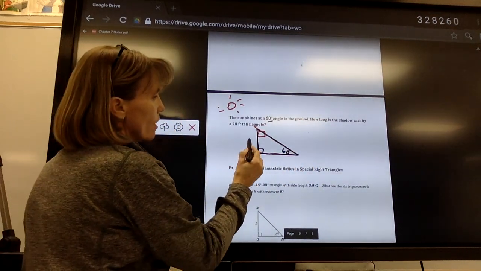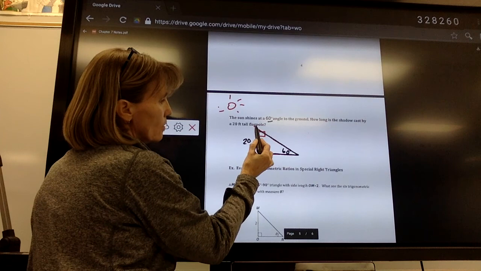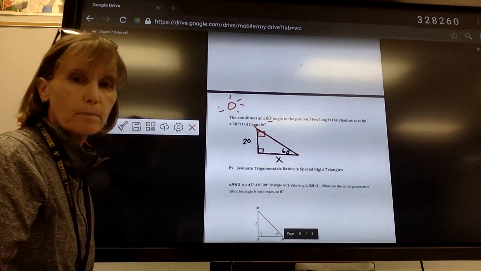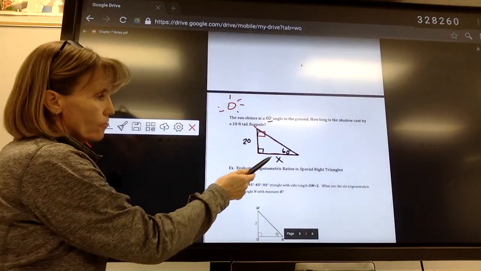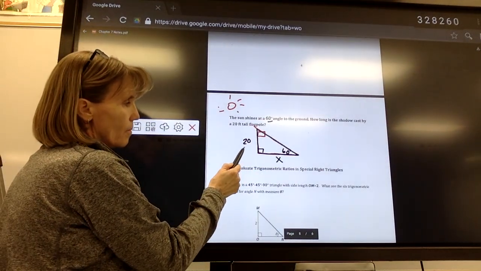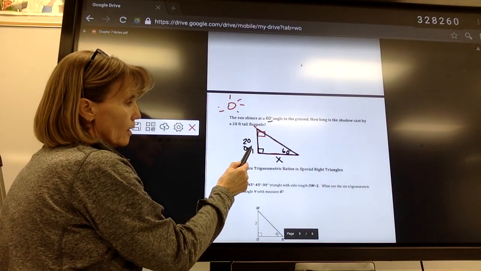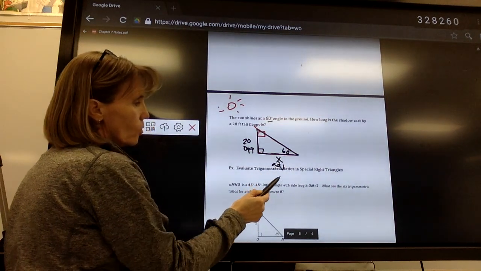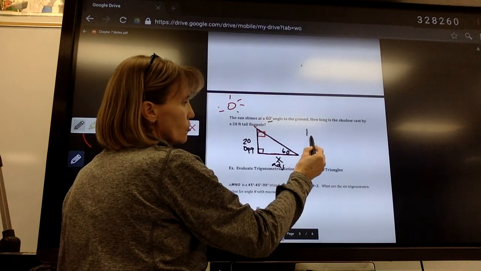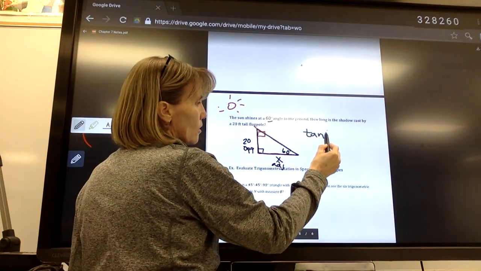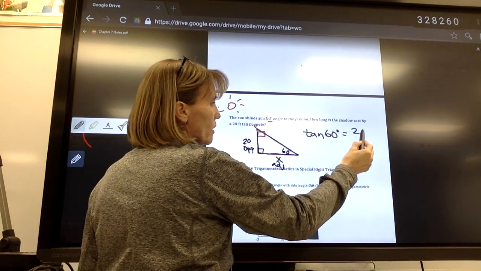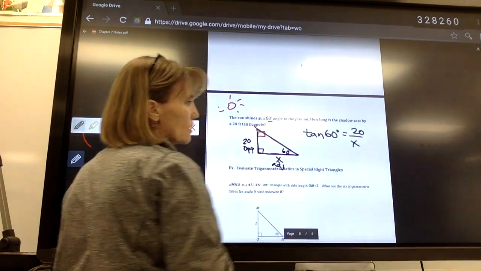How long is the shadow cast by the 20-foot flagpole? This is 20 feet, and I want to know how long the shadow is. When I look at these two in reference to the angle I'm given, this is the opposite side, and this is the adjacent side. Opposite and adjacent would be tangent, so I would say the tangent of 60 degrees is equal to the opposite, 20, over the adjacent, x.